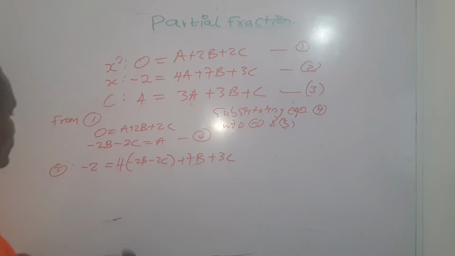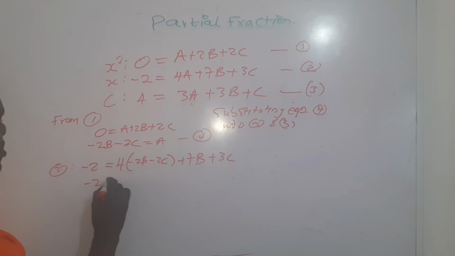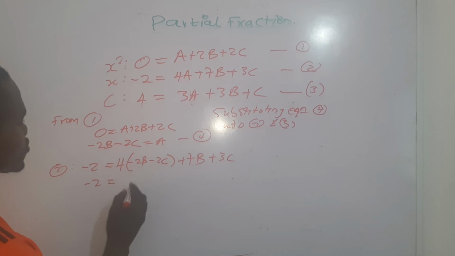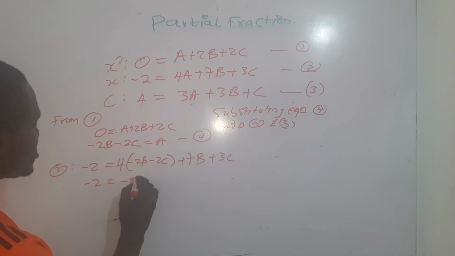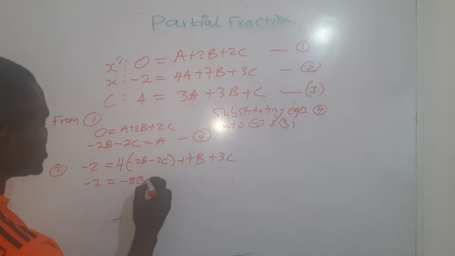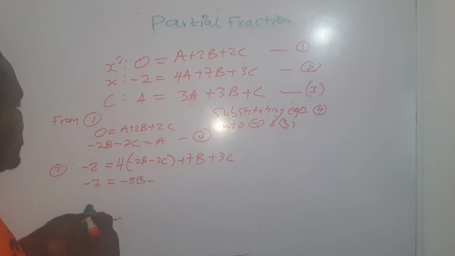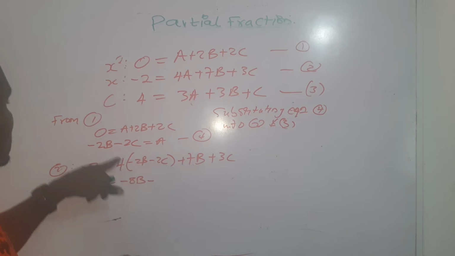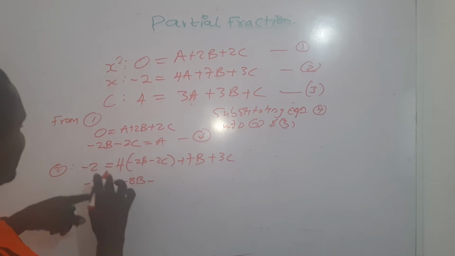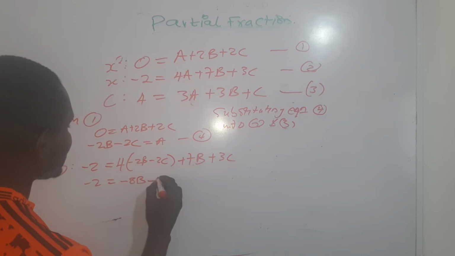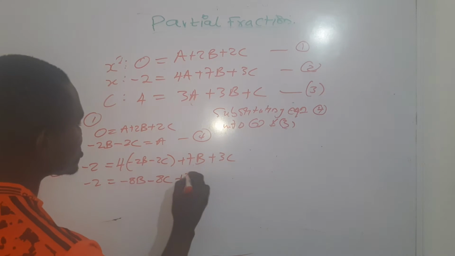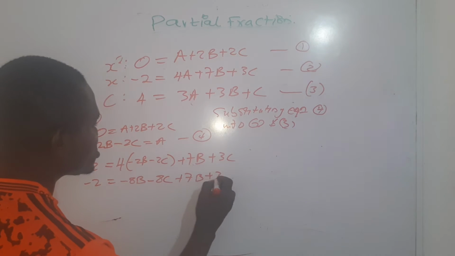Opening the bracket, minus 2 equals to 4 times minus 2b, that is minus 8b, then 4 times minus 2c, that is minus 8c, plus 7b plus 3c.